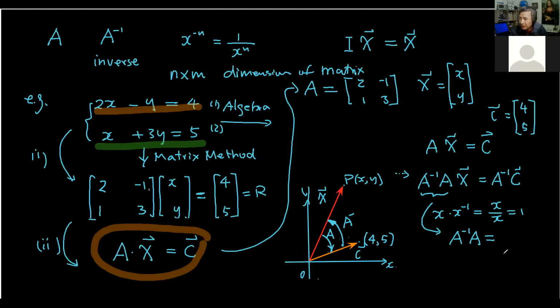What type of matrix will we obtain if we multiply the matrix and its inverse? Unit, yes. It is called a unit matrix.